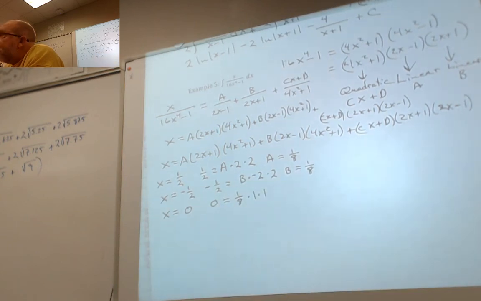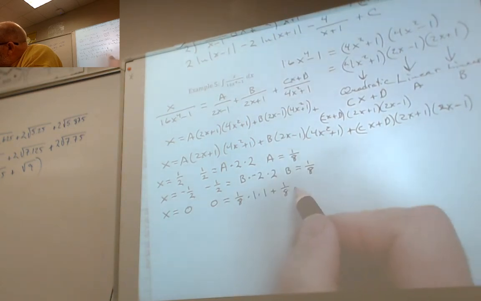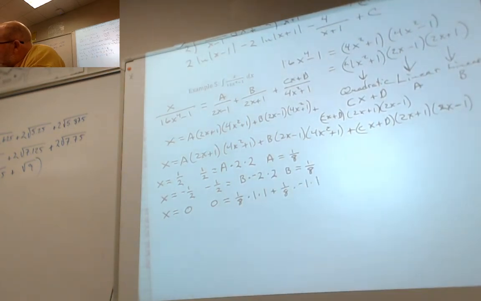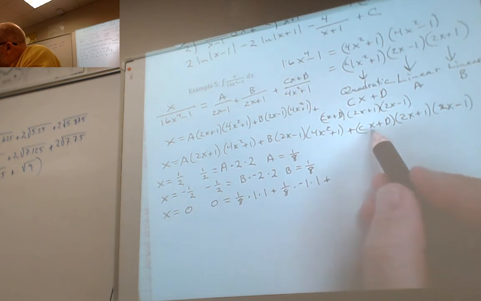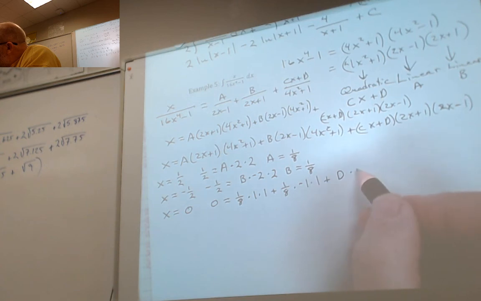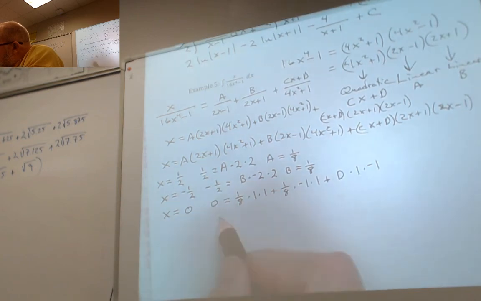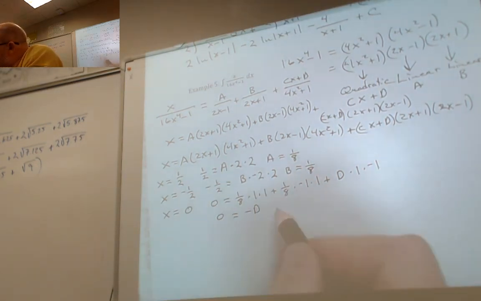Would you agree? Plus 1/8 times a negative 1 times 1. Is that convenient? Yes, because they're gone, aren't they? Plus, if I put 0 in here, I'm going to get D times 1 times a negative 1. So that means 0 equals a negative D, correct? So what does D have to be? D has to be 0.